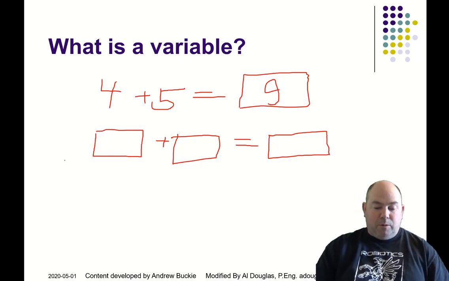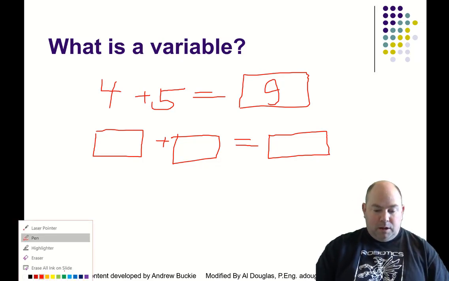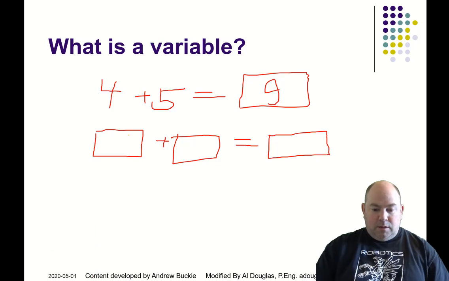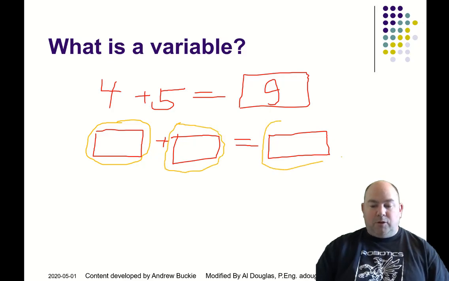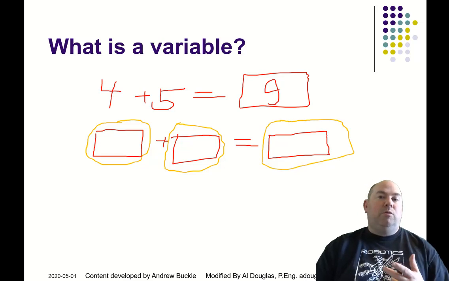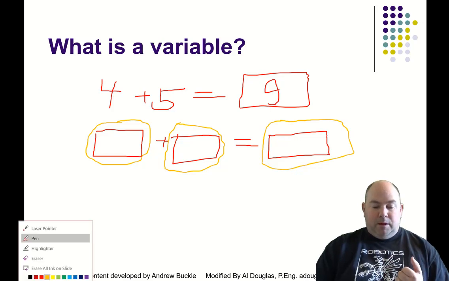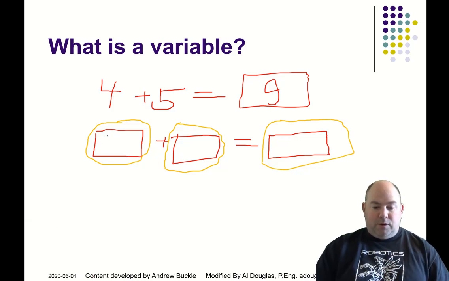So this spot where we're going to store a number, and this spot where we're going to store another number, and this spot where we're going to possibly put the output, these would all be variables. And these are things we need to define in our program and then use them. So for example, we could say this is x plus y equals result.